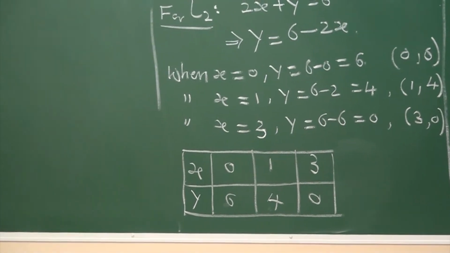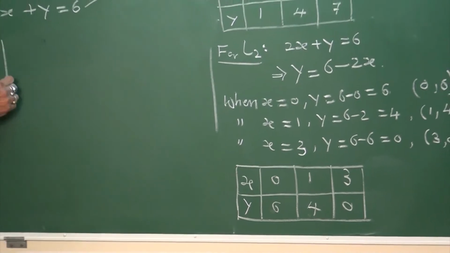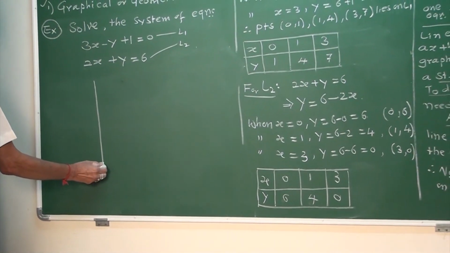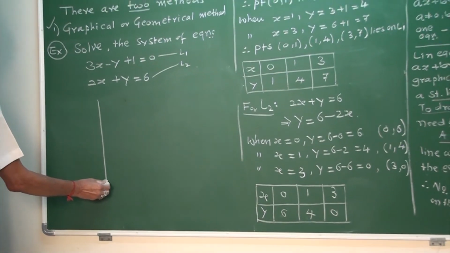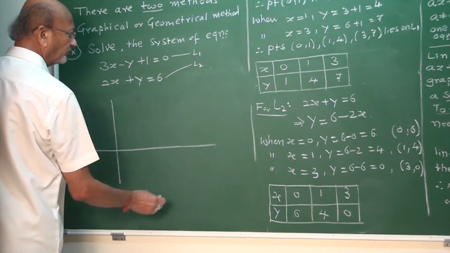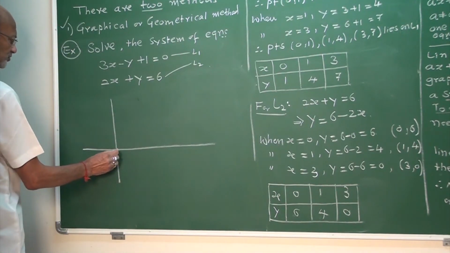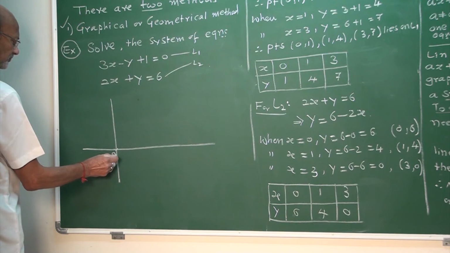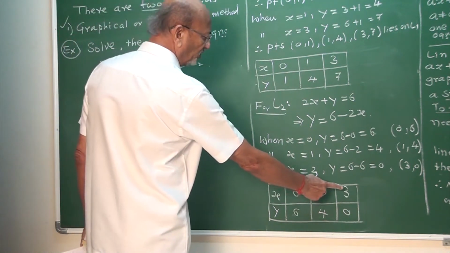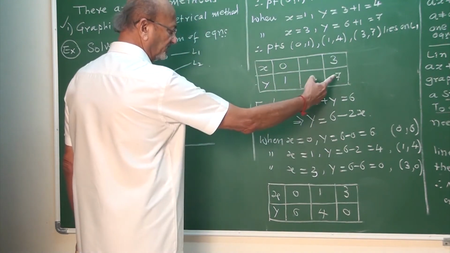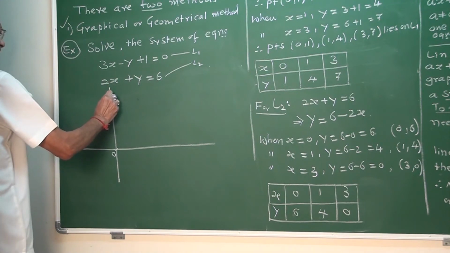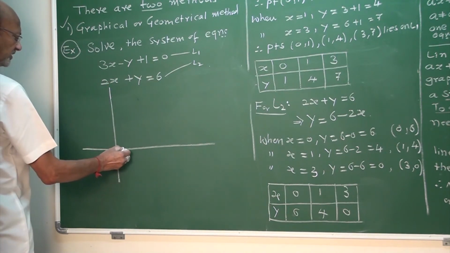Yes, my friends, you know how to draw the graphs. This is the origin. On the x-axis, you have a maximum of 3 points. On the y-axis, the maximum is 7. On the y-axis, you have more points.